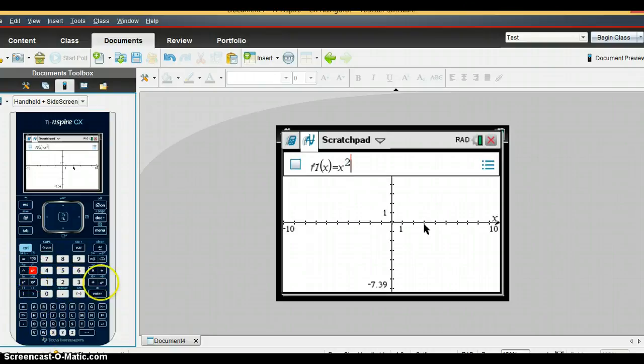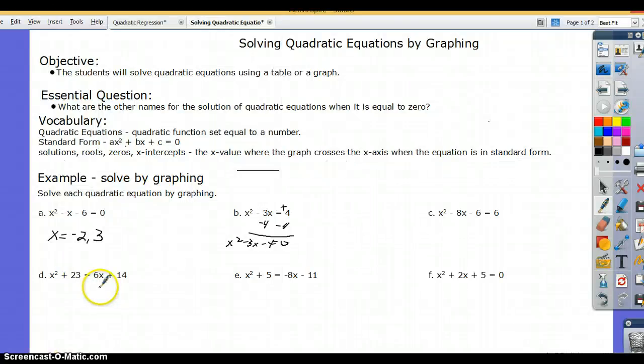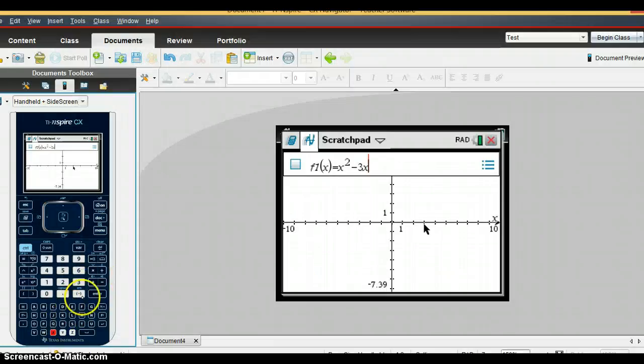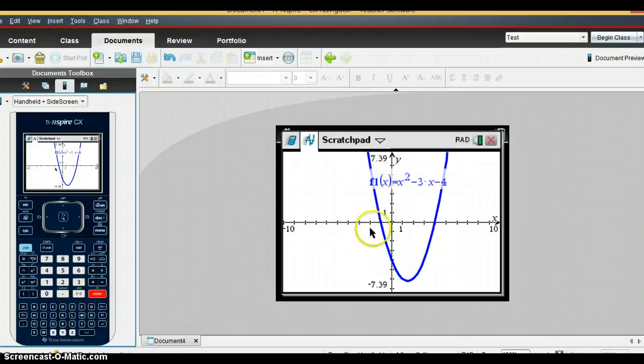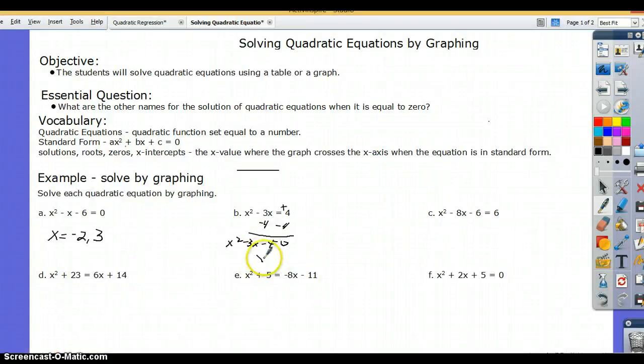So x squared minus 3x minus 4. And so we have a solution here at -1 and another one here at +4. So in this case, x is equal to -1 and 4.